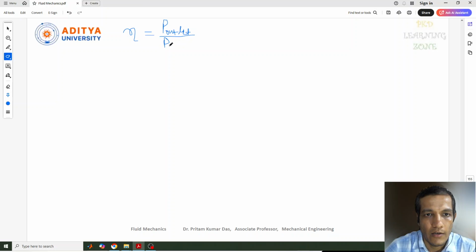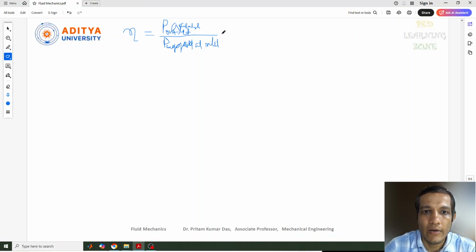So here we can write power supplied at inlet. And what is the power available at the outlet condition?